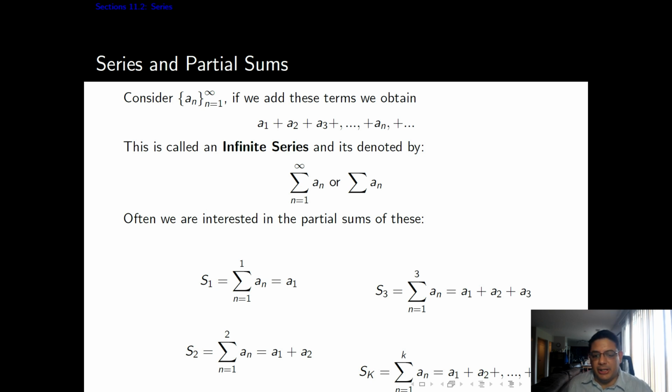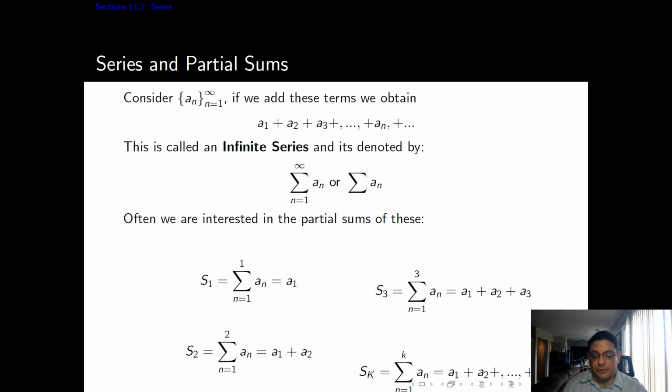Often we're going to be very interested in the partial sum of the series. What you've got to think about with the partial sum is that essentially you're deciding up to where you're adding these numbers. So for example, if I do just s of 1, the partial sum of 1, it means that I'm only taking the first element of the sequence.